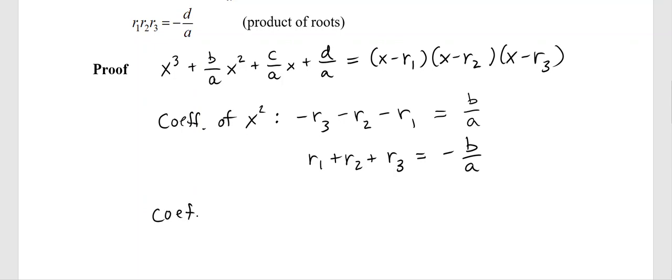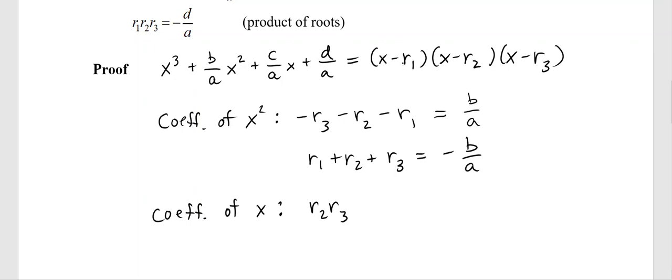Likewise, we can look at the coefficients of x on each side of the equation. On the right side, in order to produce x terms, you have to select x from just one of the three linear factors and the constant terms from the other two when forming products. So you can take x times negative r2 times negative r3, and that contributes r2 r3 to the coefficient of x.